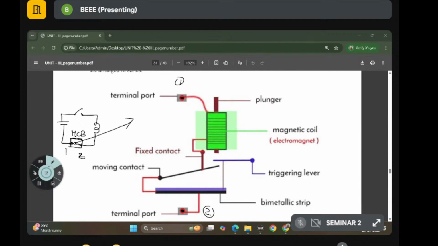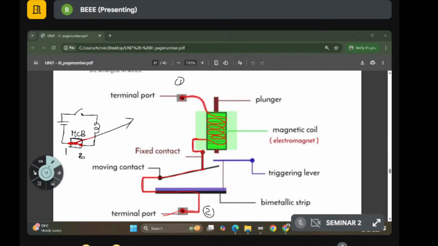Another one is the variable coil or variable terminal. The first one here is a coil. This wire is wound here, and current will flow like this. Inside the MCB, that is the circuit diagram.